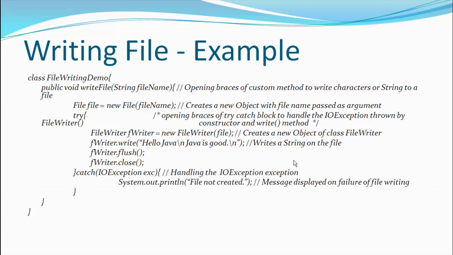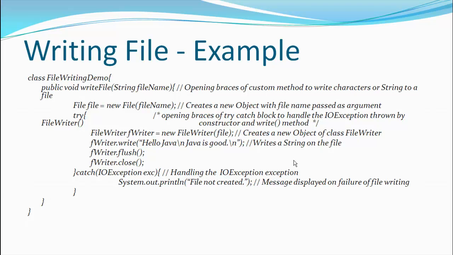Inside the method block, we are creating an object of class File, and the argument supplied to the constructor is a string. Using the keyword new, File followed by the file name argument, it creates a new object with the file name passed as an argument.